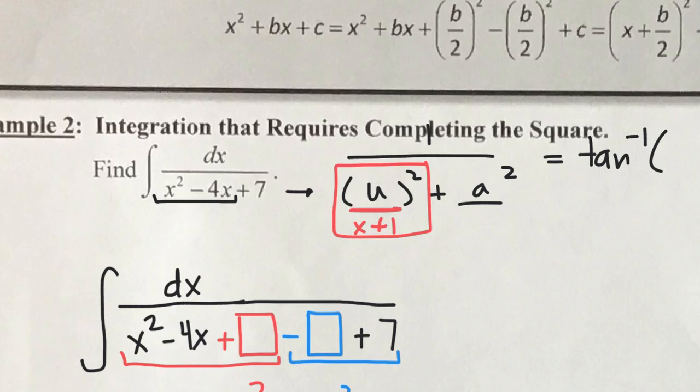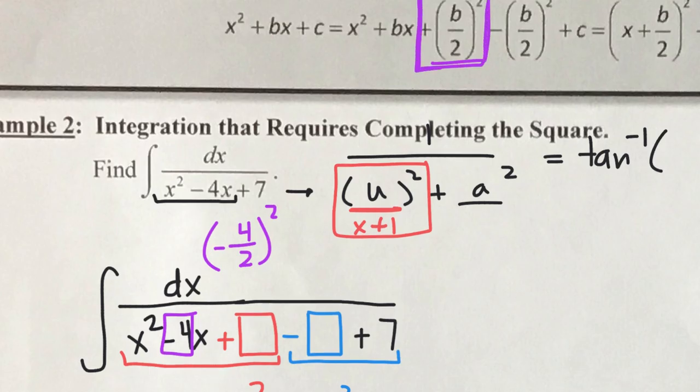So what number goes in the box? That's the question. What is this perfect square that we're talking about? Well, it always is dependent upon this number. What we do is we take half of that number and we square it. That's this part right here, half of b, squared.